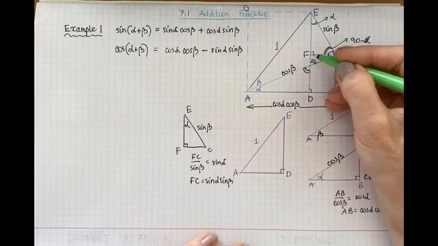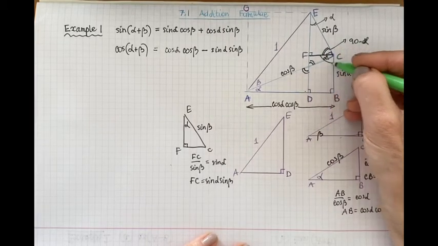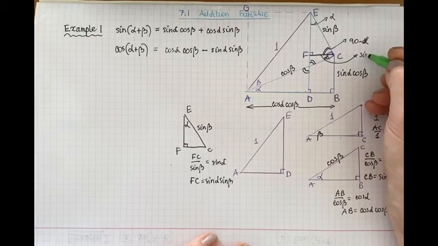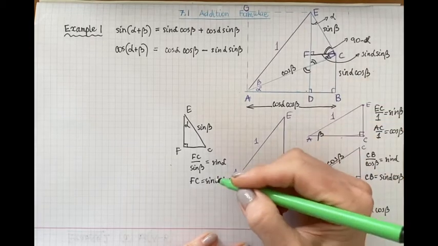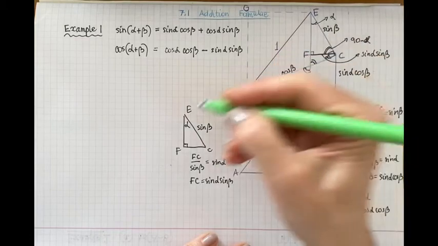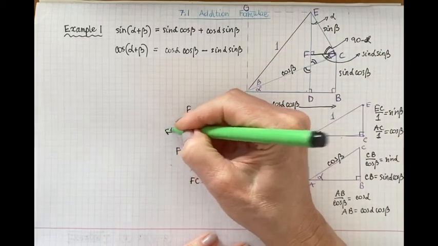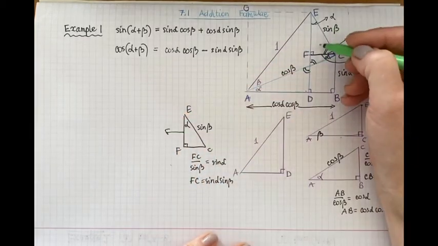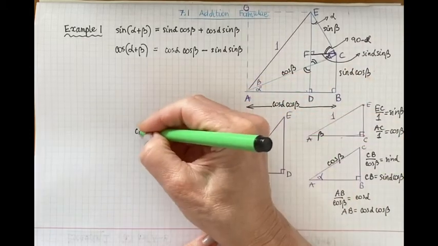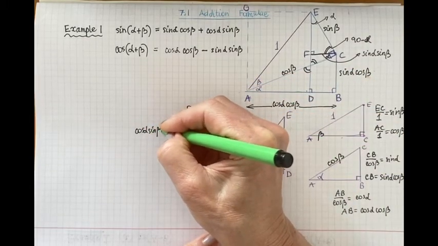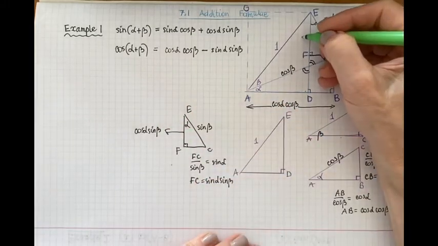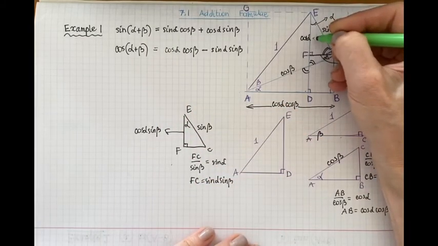This is that side here, so it's sine alpha sine beta. There you go. And let's find FE. I'll do this one quicker. This is simply going to be cos alpha sine beta. You can do it slowly as well if you wish to. So this is cos alpha sine beta.